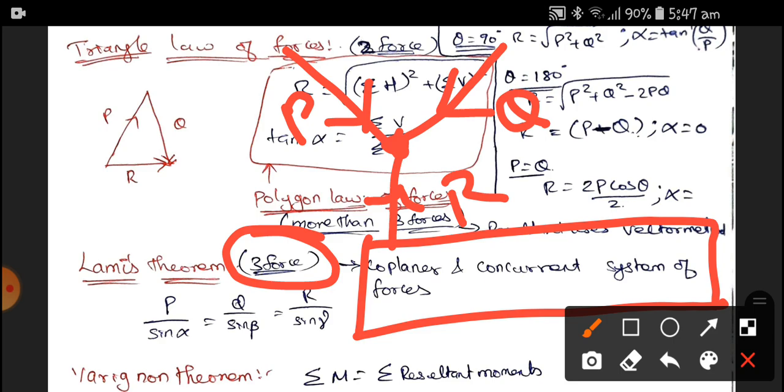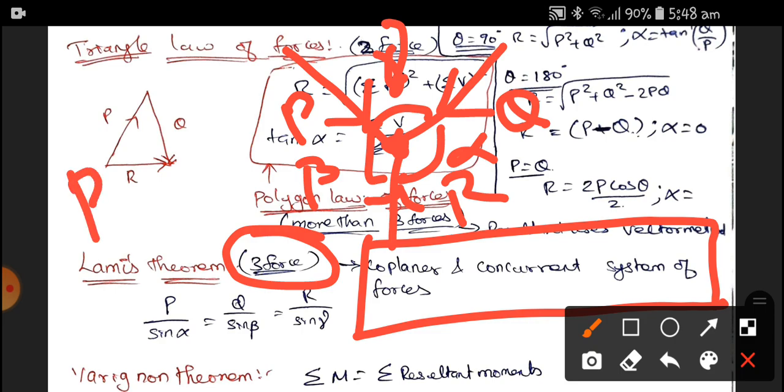Lami's theorem states that for a system of three coplanar and concurrent forces, each force is proportional to the sine of the angle included between the other two forces. Let me say this is gamma, and this is alpha, and this is beta, where the force P is directly proportional to sine alpha.